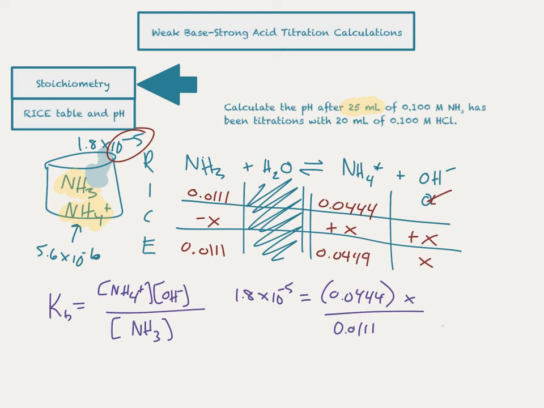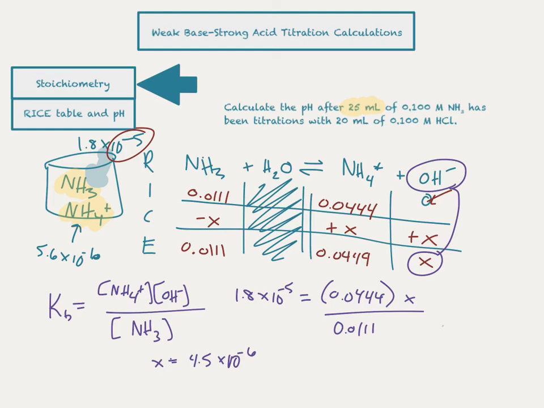And when you punch that into a calculator, you get that our x value is equal to 4.5 times 10 to the negative 6. And then we really need to remind ourselves, what does x equal? X in this case is the hydroxide concentration.